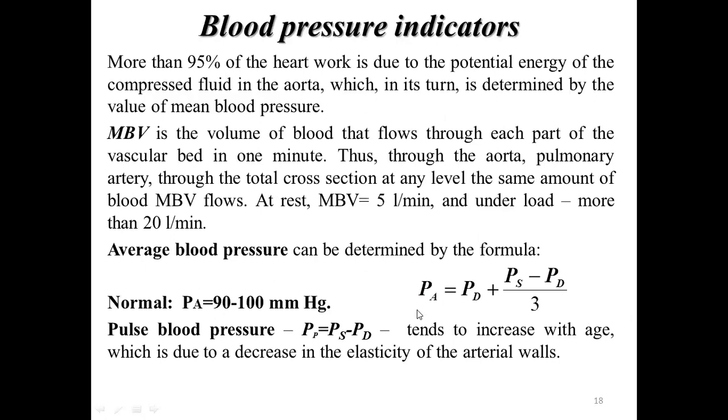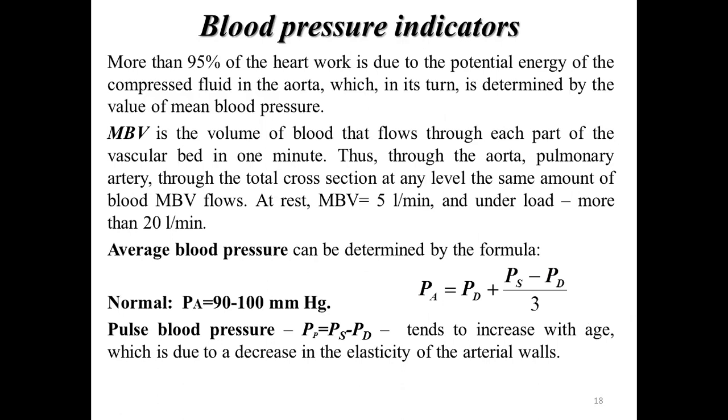When we consider the pressure in our vascular system, we should say that more than 95% of heart work is due to the potential energy of compressed fluid in the aorta, which in its own turn is determined by the value of average blood pressure.